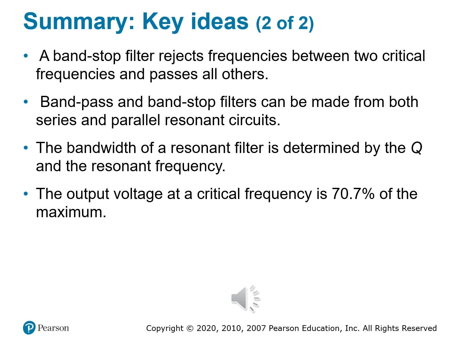Let's talk about bandwidth's best friend. Yes, you got it, that's Q. The bandwidth of a resonant filter isn't just a number. It's tied to Q, the quality factor, and the resonant frequency. If you have a very high Q, you're going to have a very narrow bandwidth.